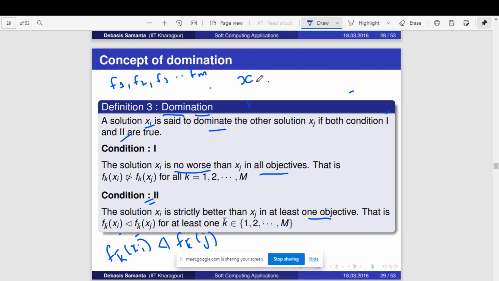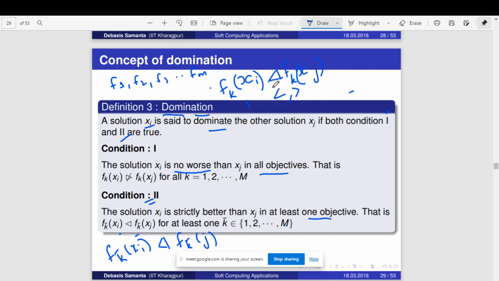If you have solutions xi and xj, you can say that xi is better than xj if, for any one objective function k, xi is producing a better result than xj. This better than can be either, in case of a minimization problem, less than, and in case of a maximization problem, greater than.